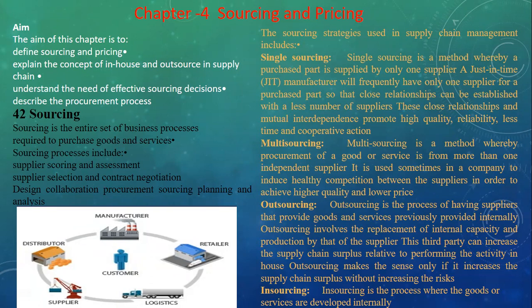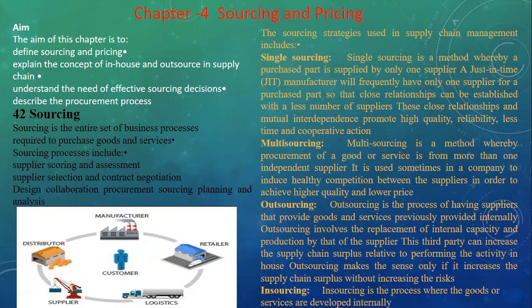There are some processes included, which is the supplier scoring, and assessment for supplier selection. Just like we have some suppliers for sourcing raw materials or finished goods, before that we need to assess the supplier selection, to see whether we have the right supplier or not.